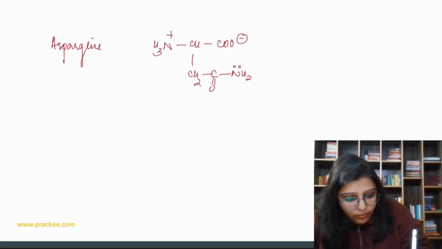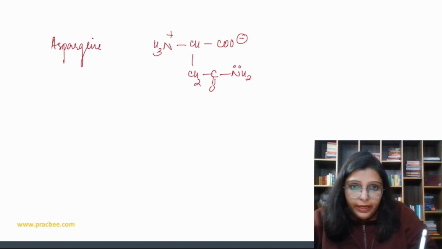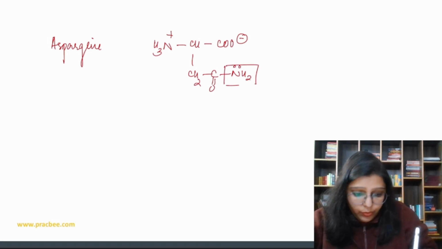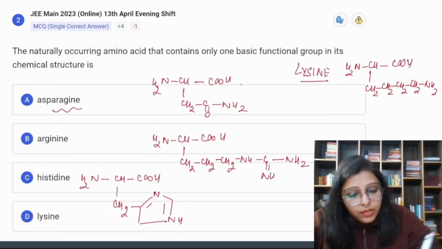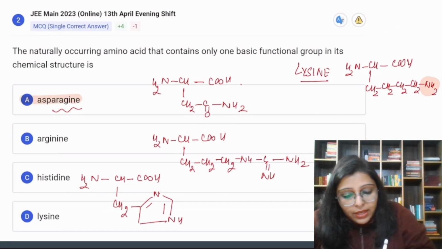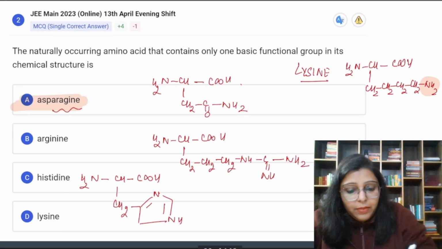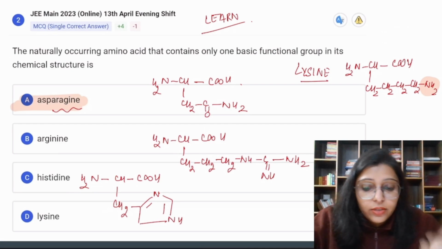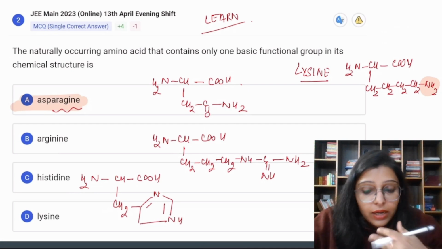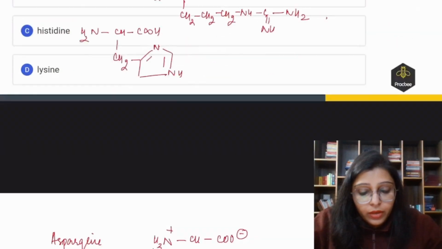Can you see, we have this one basic group. We can also have this basic group in lysine, but the naturally occurring amino acid is asparagine. So it is a memory based question. You have to learn it, there is no other way. Understood? You have to learn which ones are naturally occurring, which ones are essential amino acids and all.